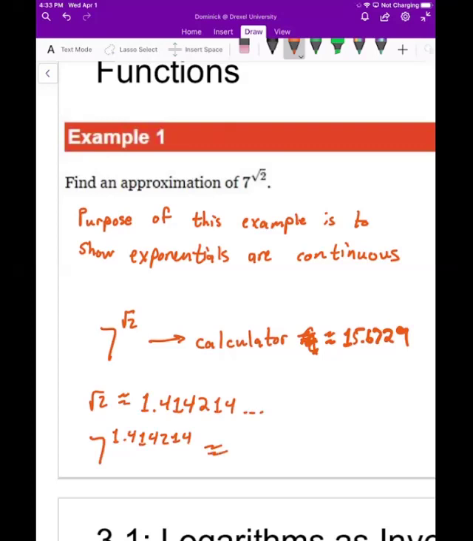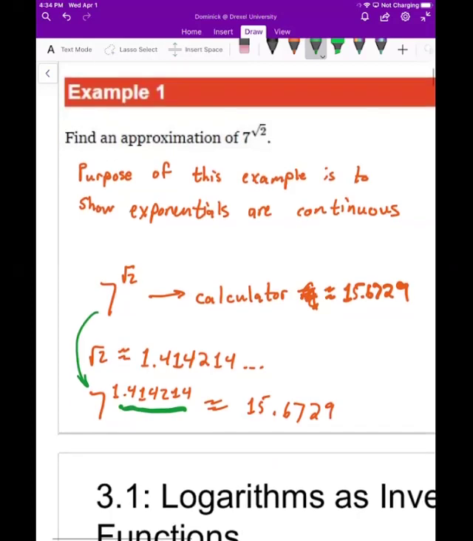And if I do 7 to the 1.414214, I get essentially the same answer, 15.6729. So in order to approximate irrational exponents, you can take as many digits of your irrational number as you want and apply that in your approximation, and it should remain fairly accurate. This shows that we're allowed to define these irrational exponents.